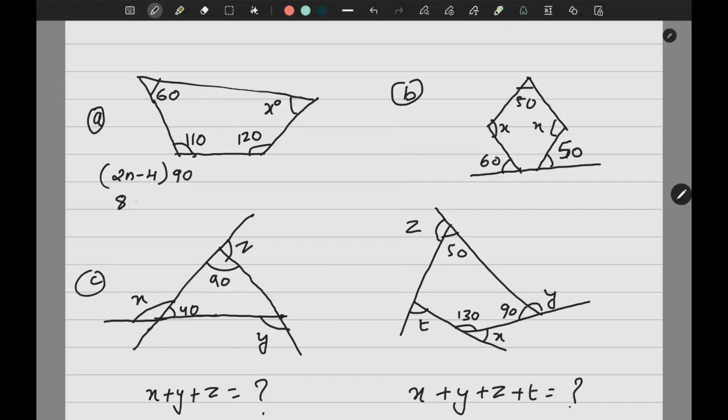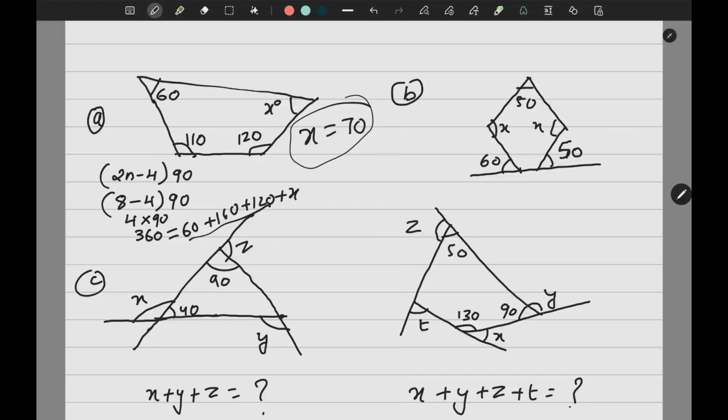So I have (8 minus 4) into 90. Right? So this is 4 into 90, and 4 into 9 is 360. So the sum of interior angles is 360. And what are the interior angles? 60 plus 110 plus 120 plus x. So what is the value of x? Sum it up, transfer it, and in this case, you will get your x value as 70. Check your answer.